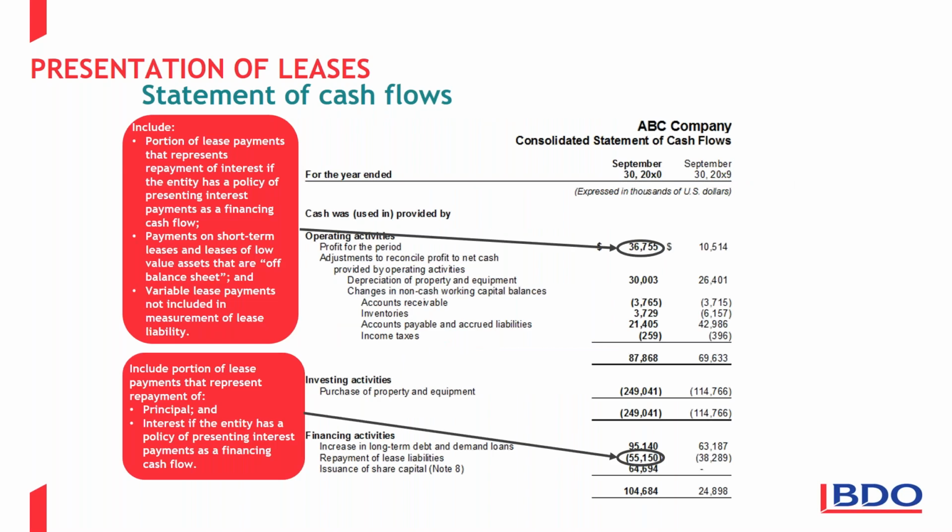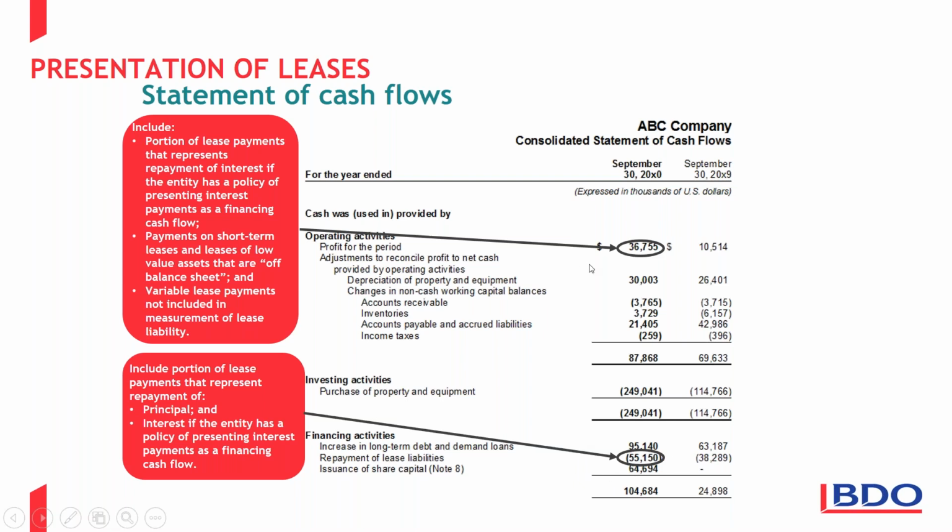So that's statement of comprehensive income. If you look at your statement of cash flows, previously our lease payments would have been in operating activities, and we now know that your repayment of your lease liability, which you can see right at the bottom, the 55,150, which I've circled, that repayment of lease liability is clearly a financing activity.